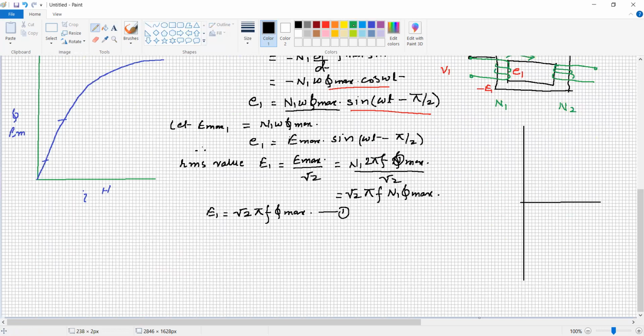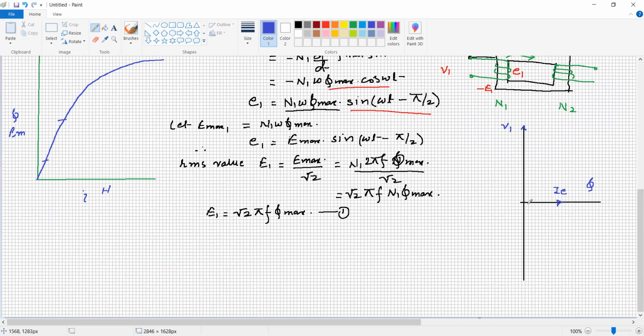Here we have considered that there is no eddy current and hysteresis loss, so the current is IE, the exciting current. This is the flux phi, and this is the applied voltage V1.